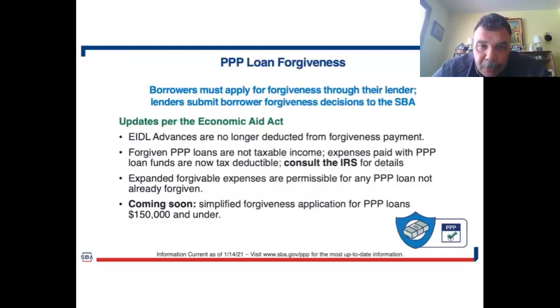Okay, now here we go, PP loan. Now here's something that was really kind of tough. Last year, borrowers must apply for forgiveness through the lender. Lenders must submit borrower forgiveness decisions to the SBA. Updates per the Economic Aid Act.